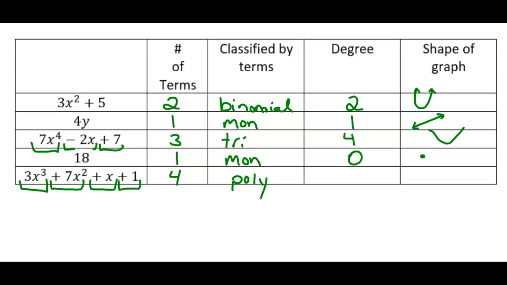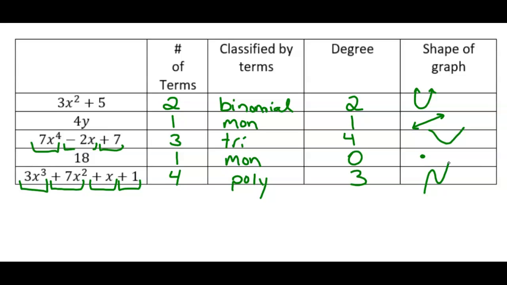The degree of this polynomial, notice that there's more than one exponent. There's a 3 here, a 2 here, and a 1 here. What's the highest? The highest is 3, so that's my degree, okay? And what does that graph look like? It kind of looks like this. So that's kind of what that graph will look like, all right?